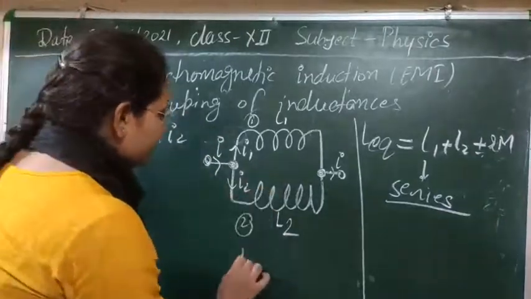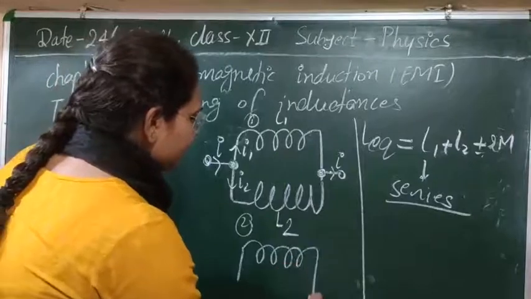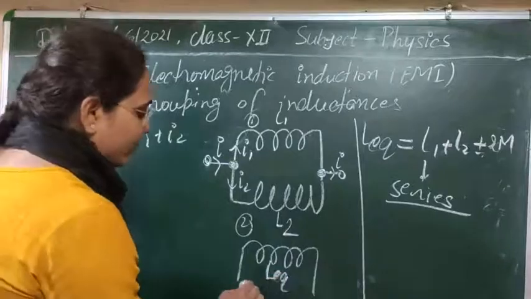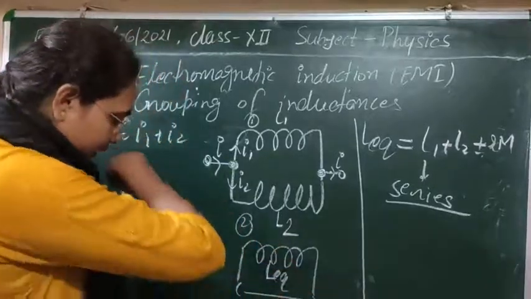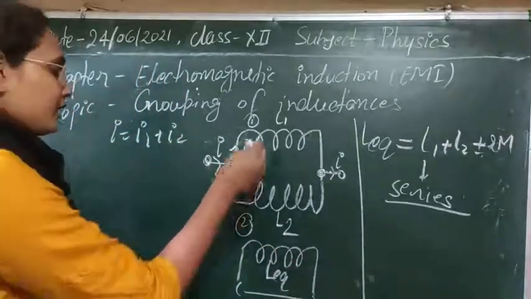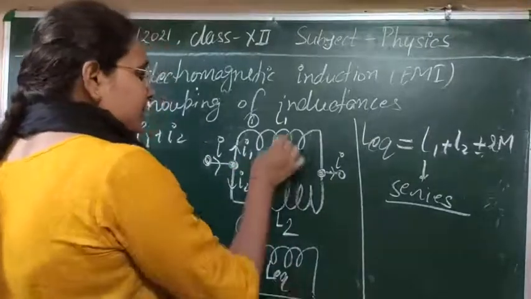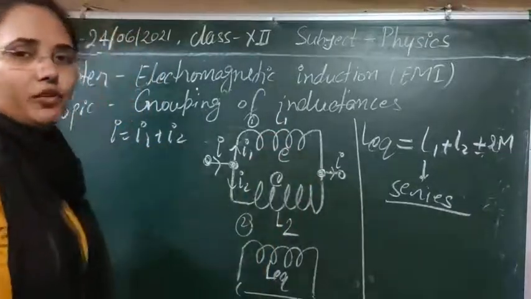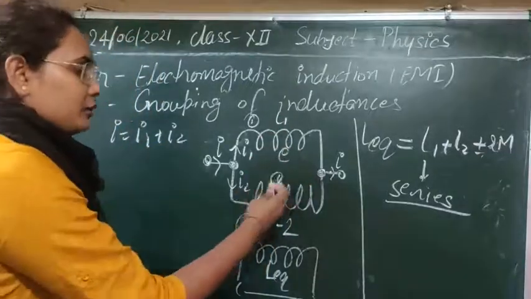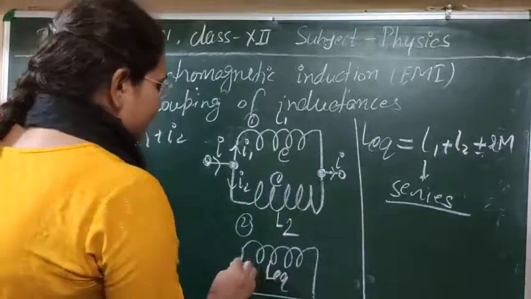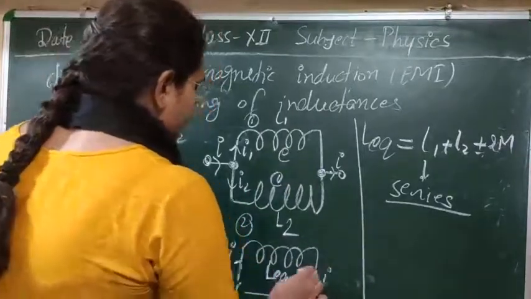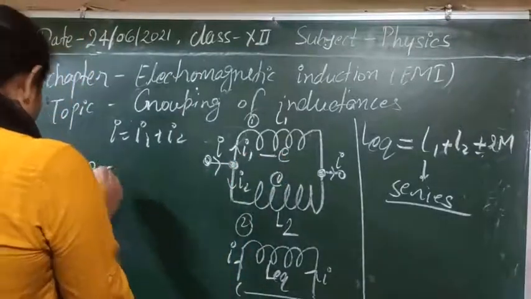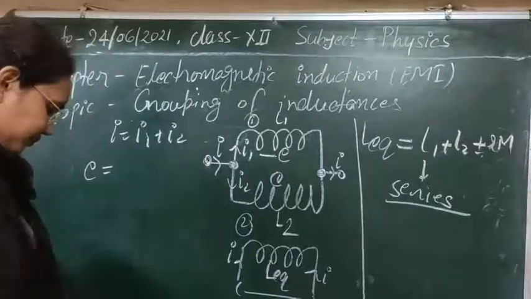Suppose in place of the whole combination we put one inductor with the value of inductance L equivalent, and the net induced EMF is E. Obviously, if the induced EMF here is E, then as they are combined in parallel, the induced EMF will be the same for both, because the potential is not distributed here. And in this case, suppose current I is flowing. Now we can write down the value of induced EMF for each case.